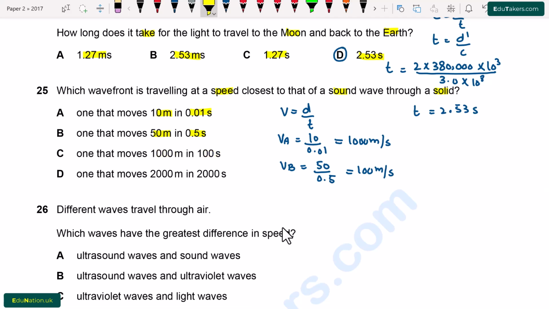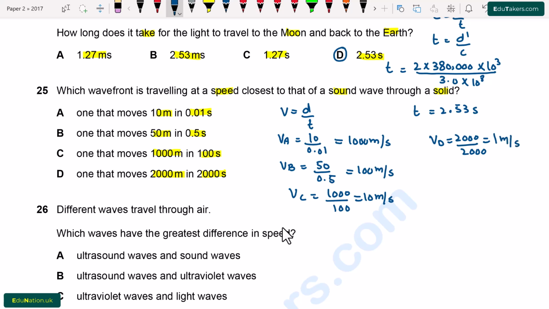Option C, one that moves 1000 meter in 100 seconds. So I write here VC is equal to 1000 divided by 100, which is equal to 10 meter per second. Option D, one that moves 2000 meter in 2000 seconds. So V will be equal to 2000 divided by 2000, which is equal to 1 meter per second.